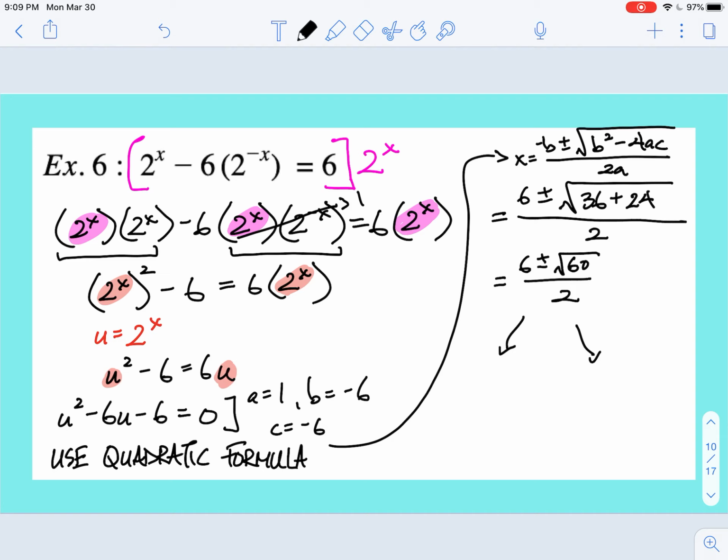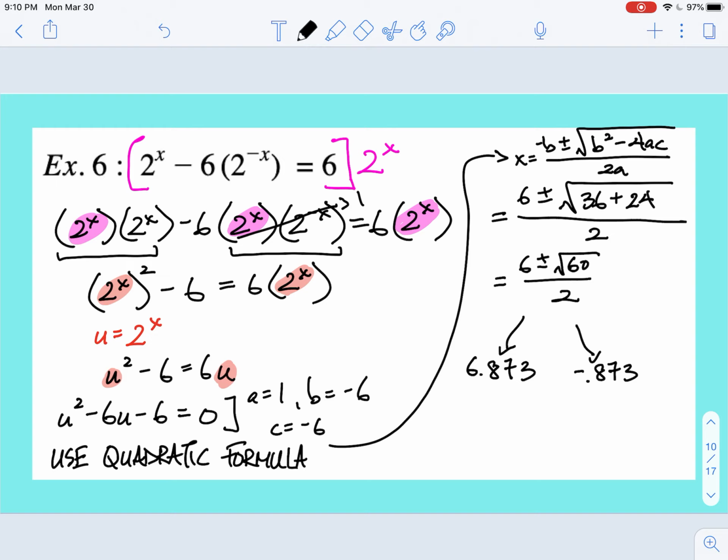So 6 plus the square root of 60, and then I divide it by 2, is going to give me about 6.873. And if I do 6 minus the square root of 60, and then I divide it by 2, I'm going to get negative 0.873.